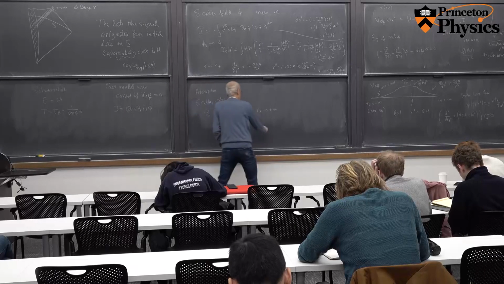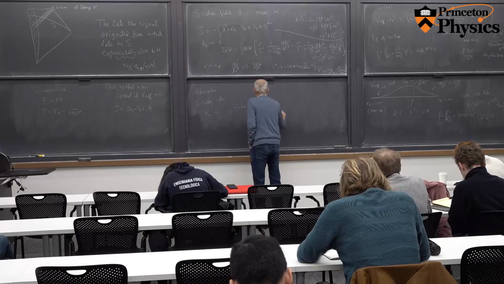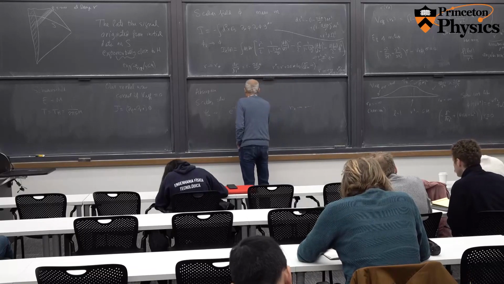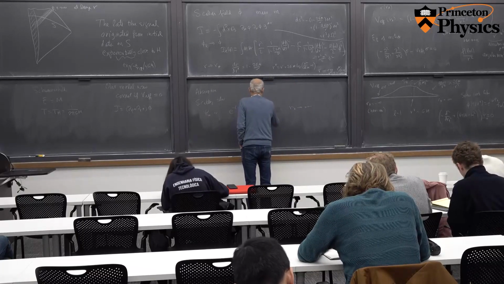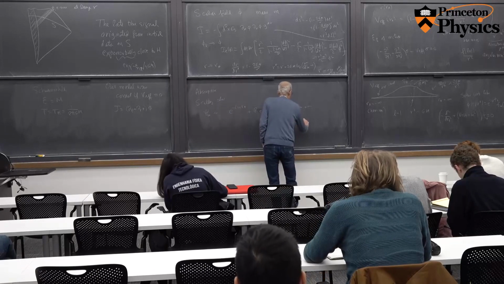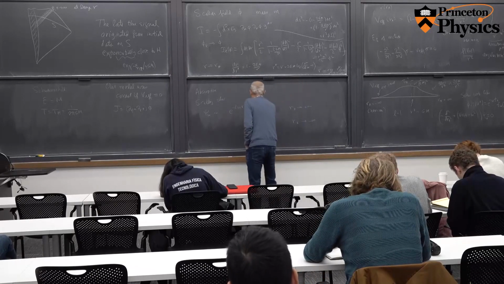And there's also a scattered wave. There's a reflected wave that comes back. Then, for r star going to minus infinity, there's a transmitted wave.